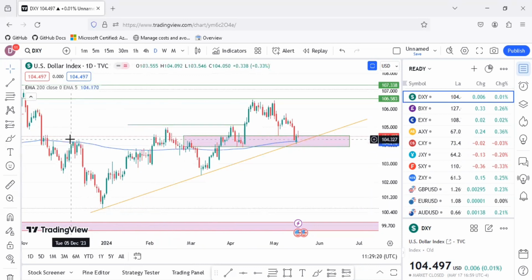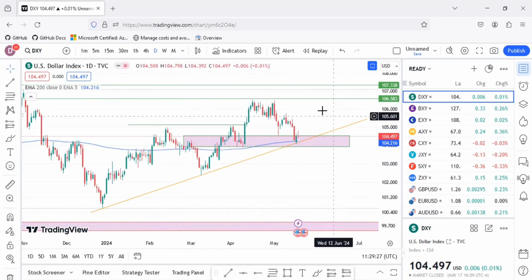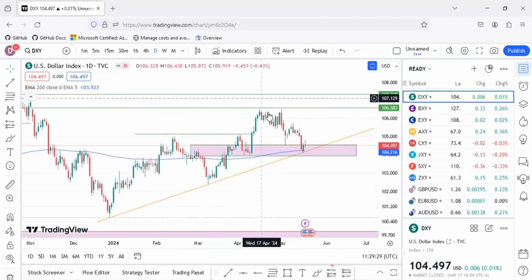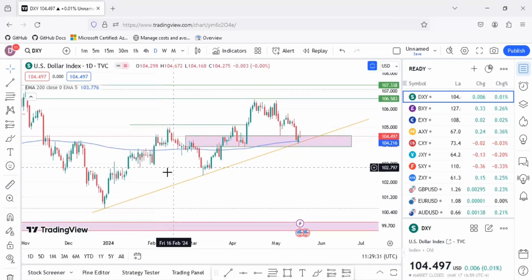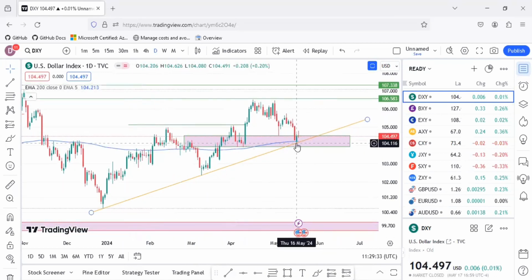We have a break of structure here, a pullback, another break of structure. So that means we are clearly in an uptrend in DXY. Though there is a little support here, we have the touch of trend line here. And where DXY is right now is on the third touch of trend line and at a demand level. That makes this particular level stronger.